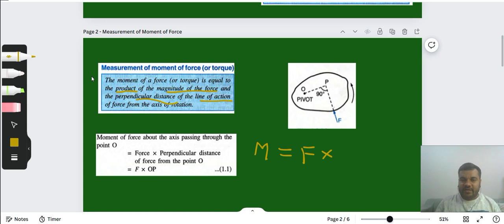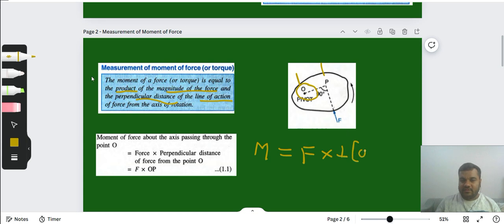This is the perpendicular distance. This is the line of action of the force, with the pivoted point. So you have to take this distance. It is the perpendicular distance from the line of action of the force to the axis of rotation, normally called OP.